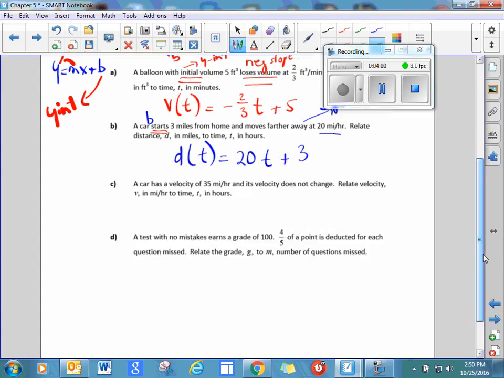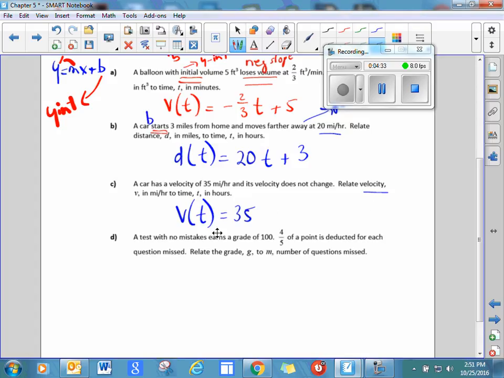The next one, a car has a velocity of 35 miles per hour, and he doesn't change. So this is going to be steady as we roll. So the velocity is a function of time. Relate velocity in miles per hour to time, t, and it is simply 35. That one is a little strange.